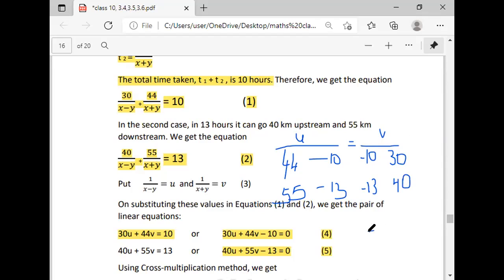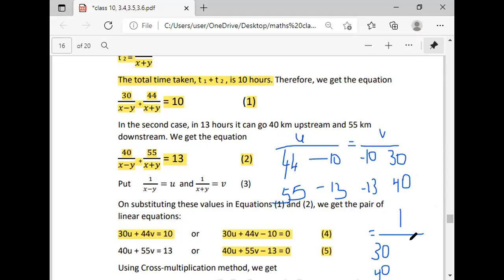And if you are going for the constant, 1 divided by, what will it be? Okay, you can say. 30, 40, 44. No, sir, upside there will be 55.